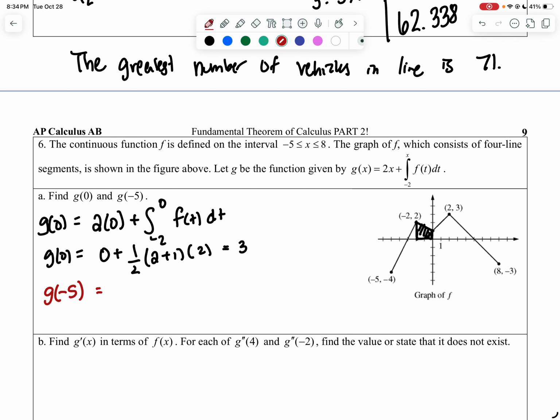G of -5. So this becomes 2 times -5 plus the integral from -2 to -5 of f of t dt. -2 to -5 is here. Ooh, here.